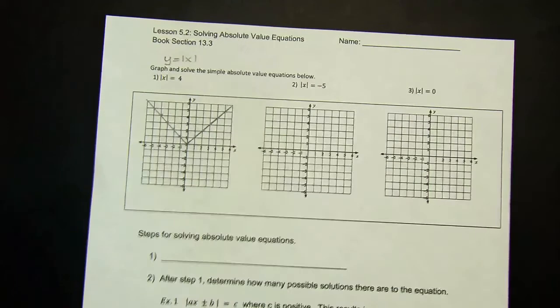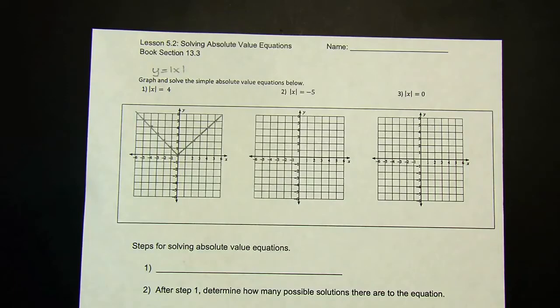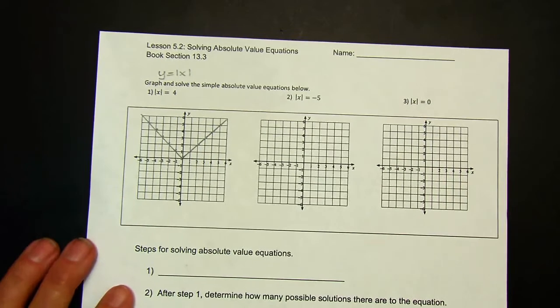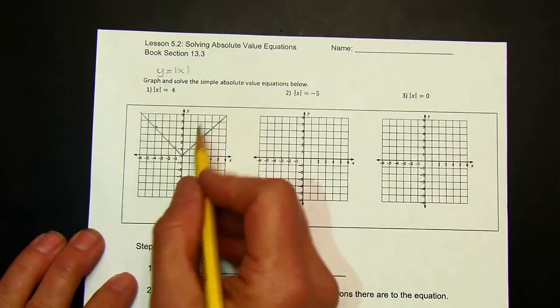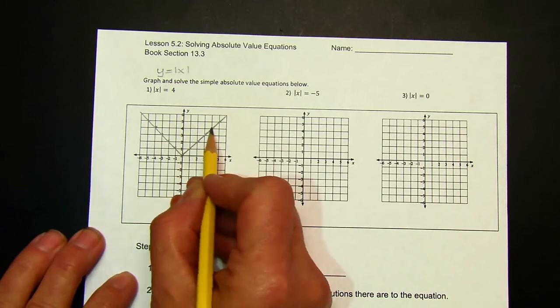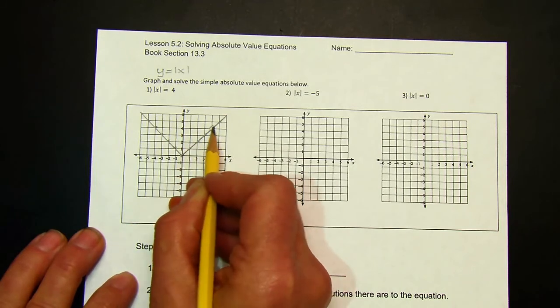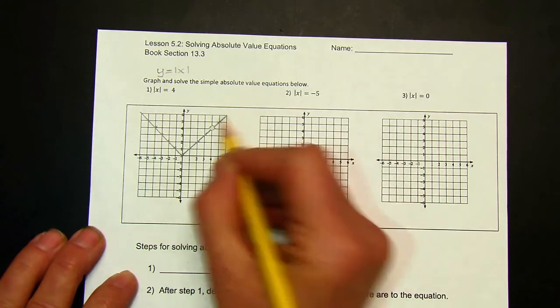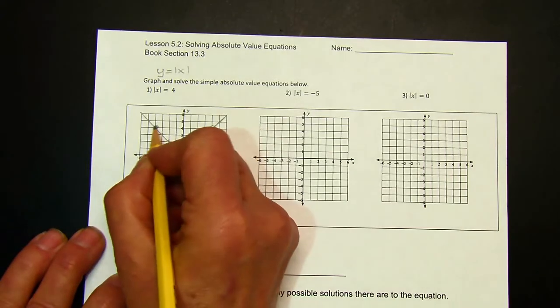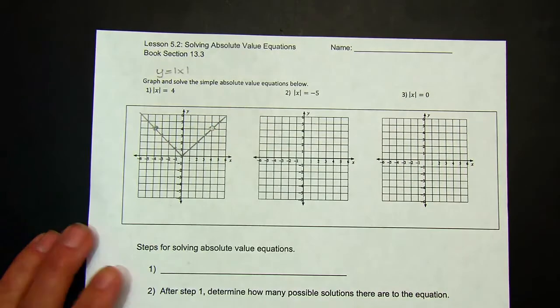Now, we're trying to find what values of x give me a y value of 4. Well, y equals 4 is right here. So there's one place where the y value is 4, and here's another place where the y value is 4.